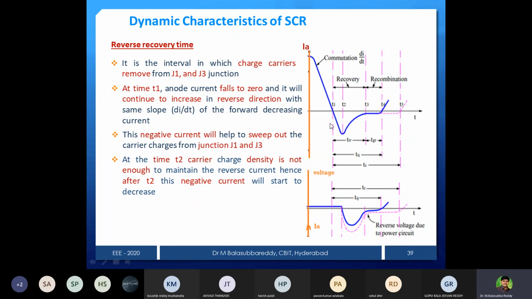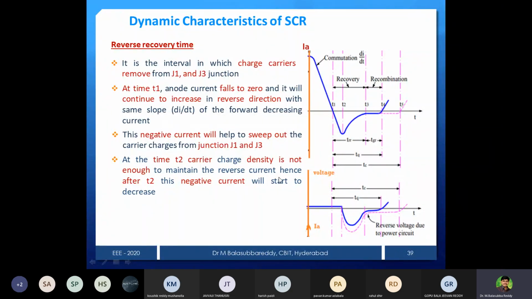That's why the current very sharply reduces to a lower value. Here we take some time, but from there onwards it decreases very sharply, because the remaining charge density is very low as some of the charge particles have already been removed. So the current gradually reaches towards zero. That's what I mentioned here: the density is not enough to maintain the reverse current.